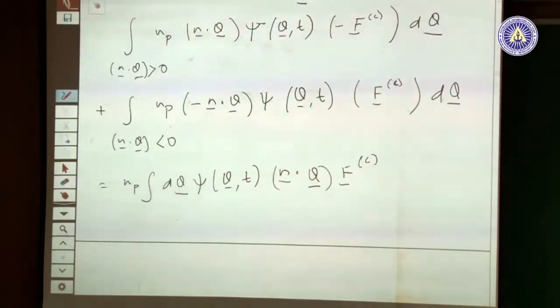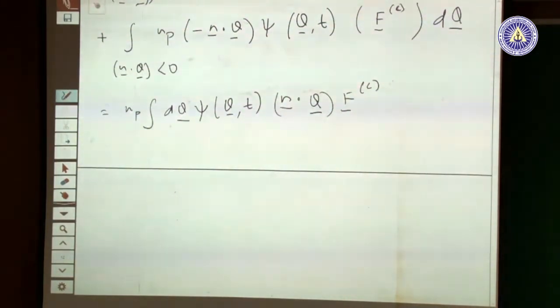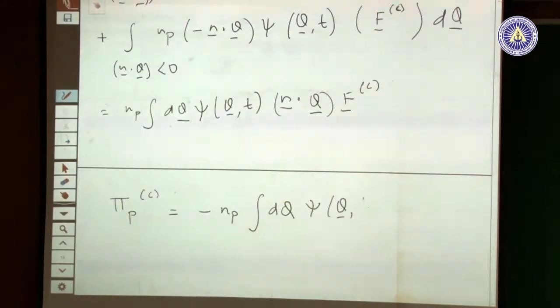Now I am going to introduce a tensor which I will call pi p, due to these connector vectors straddling the plane, and I am going to define it as minus n p integral dq psi q comma t q F c.